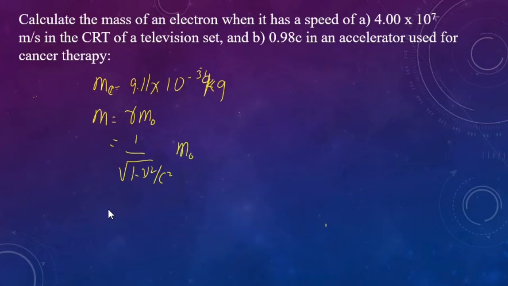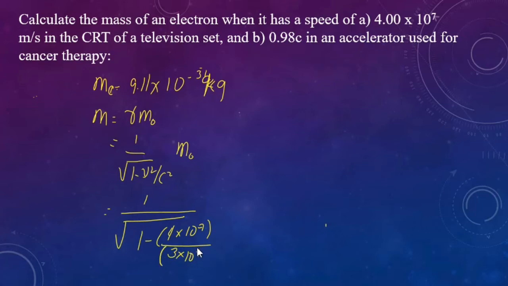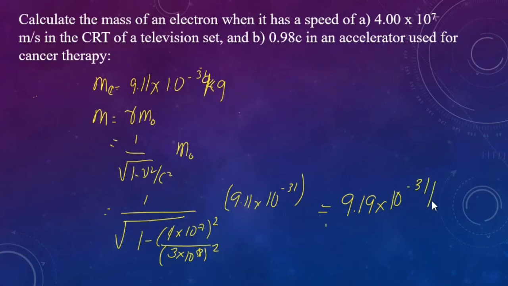Substituting, 1 over square root of 1 minus (4 times 10 to the 7 divided by 3 times 10 to the 8) squared, times 9.11 times 10 to negative 31. Solving using your calculator, you will have an answer of 9.19 times 10 to negative 31 kilograms.